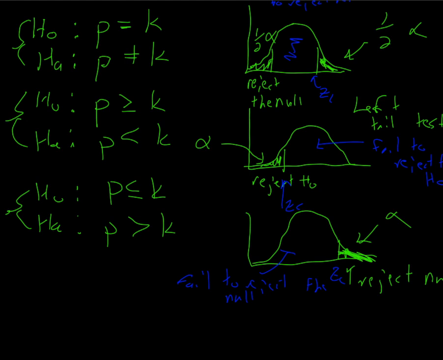All right, and we can also, from the z value, so you can use z and compare to alpha's z critical value, or you can use the z-score to create a p-value and compare to alpha. They do the same thing.